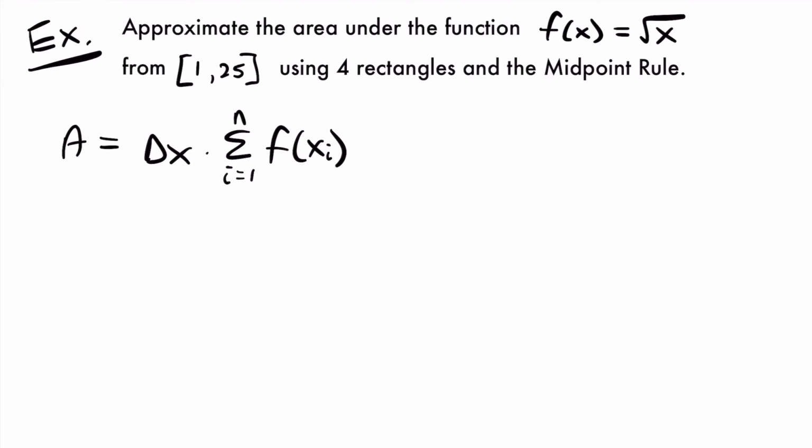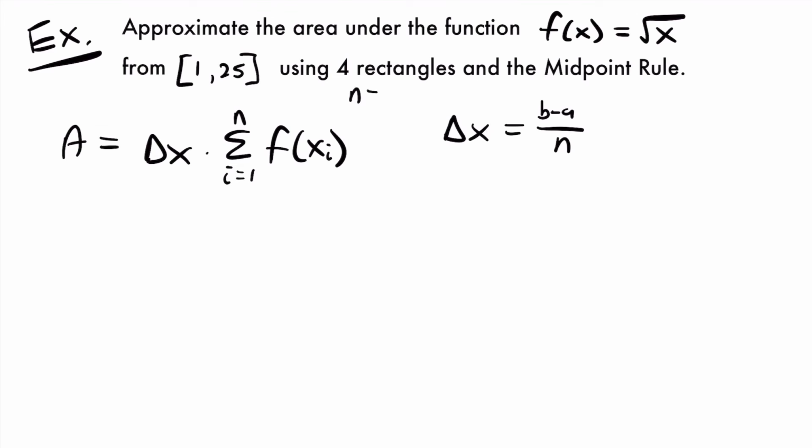All right, and so then let's move on to calculating delta x, that is equal to b minus a divided by n. And in this case, our values of a and b are going to be 1 and 25, right? If we have an interval from a to b, that means that a is 1 and b is 25. And in this case, n is going to be 4 because we're using 4 rectangles in this problem.